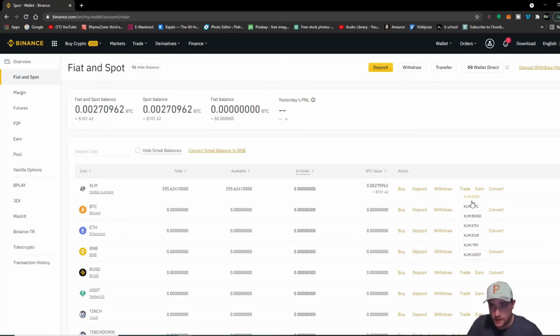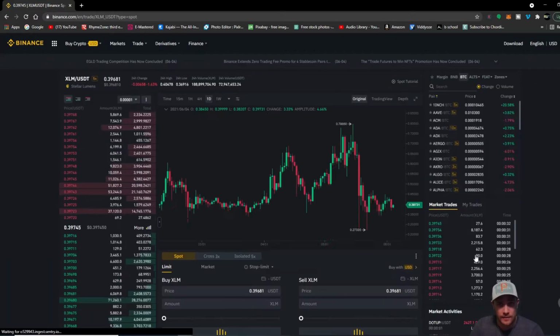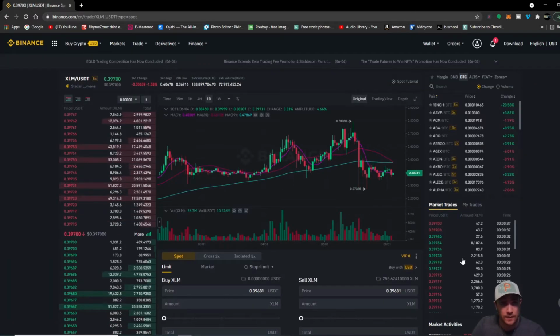Now you guys can trade all of this stuff in here, so XLM to BTC, XLM to Binance token, BUSD, that is the stable coin that Binance has, Ethereum, Euros, TRY, I believe that's like Turkey's fiat currency. But as you know, the US dollar rocks it out for now. So we're going to click on that, and we have our money sitting in here and we're good to go.